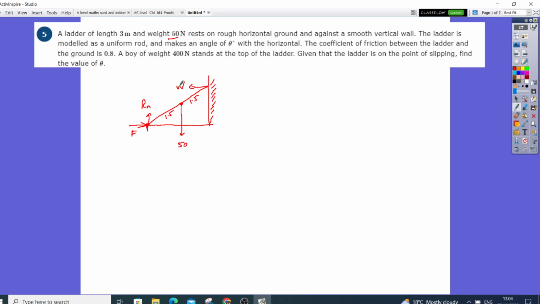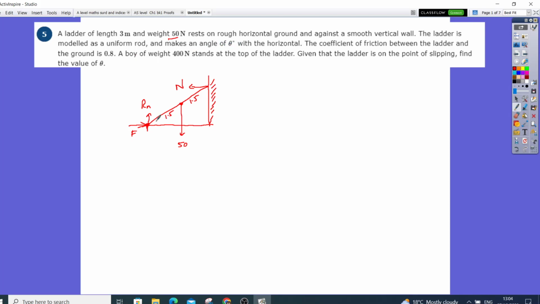Let's call that W. Actually, I don't like calling it W because that could get confused with weight, so let's just call that N, reaction from the wall, and this we call reaction from the ground. Okay, so far so good, that's smooth. There's nothing going down here, there's no friction along here, so it's all smooth, uniform.